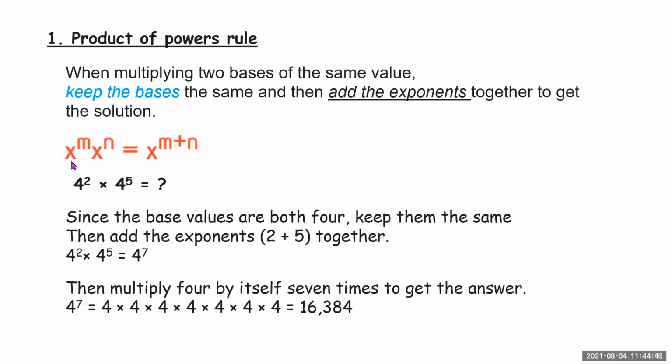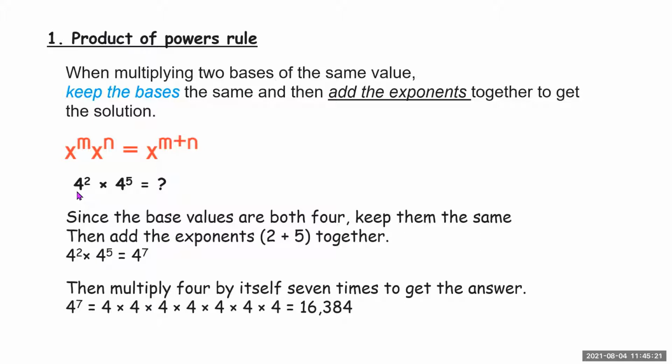For example, x power m into x power n: since in both cases the base is x, I keep the x as it is and add the exponents m plus n. So x power m into x power n is equal to x power m plus n. This is the product of powers rule.